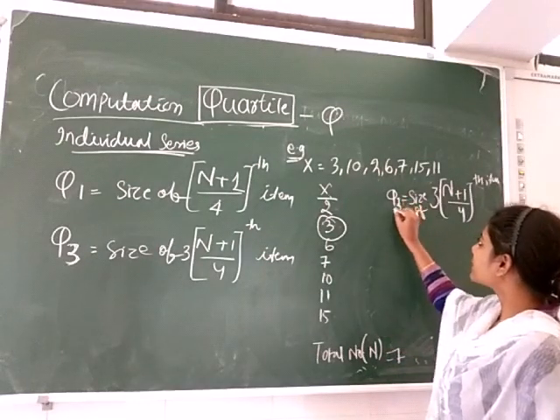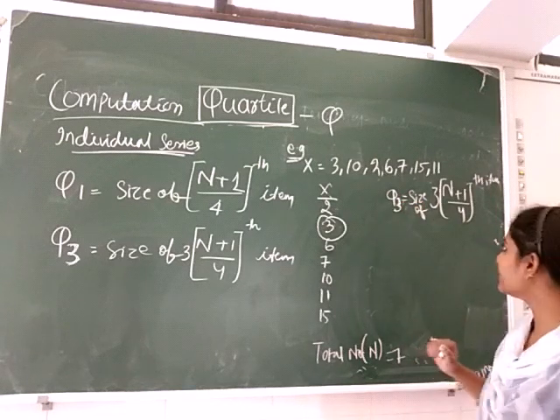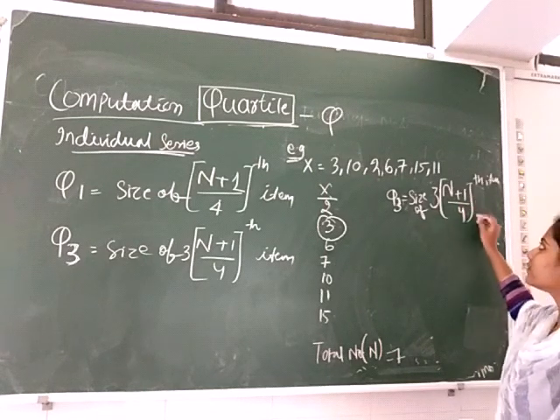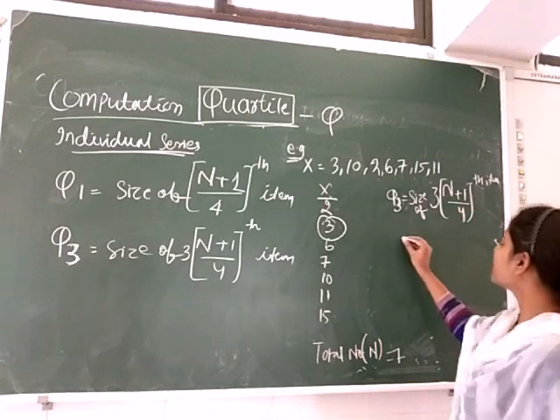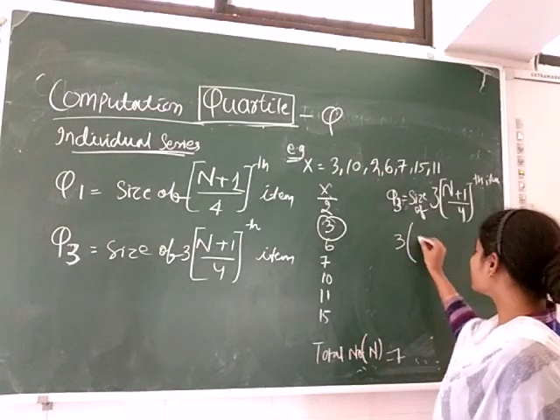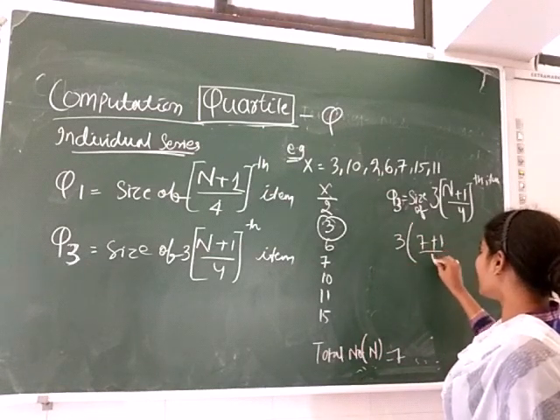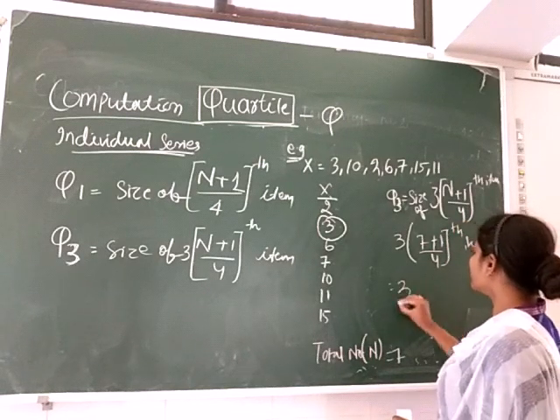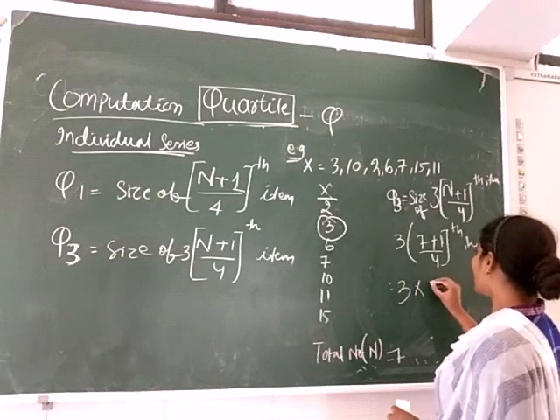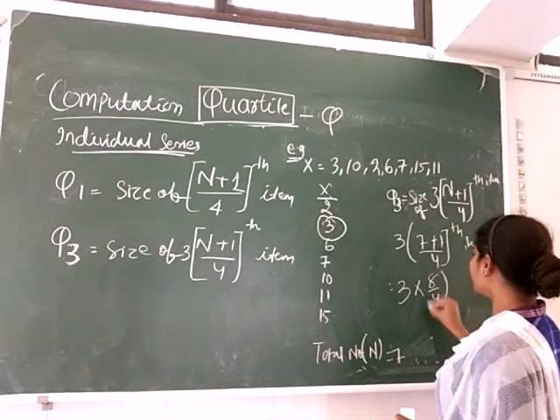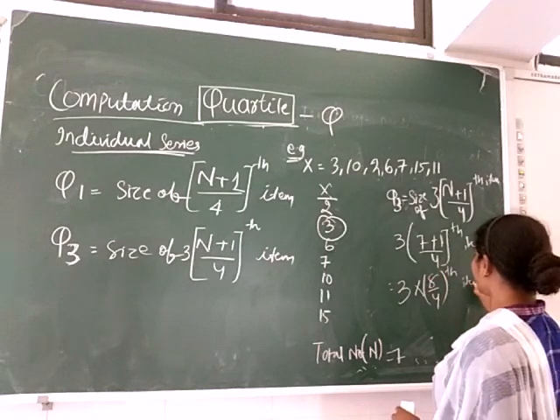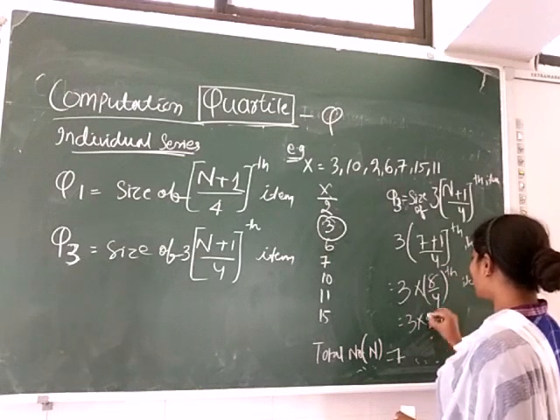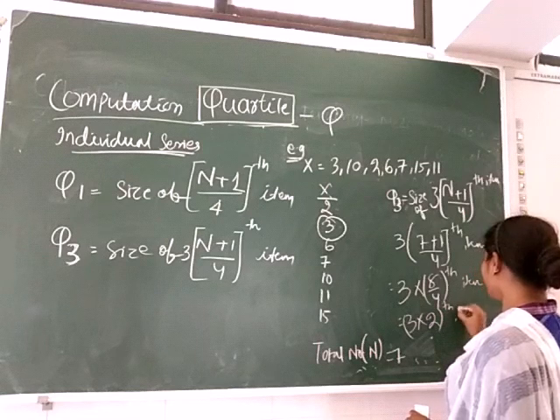Next we calculate Q3, that is your upper quartile. In case of your individual series, the formula is size of 3 into n plus 1 by 4th item. So here 3 into n equals to 7 plus 1 by 4th item, and this will be 3 into 8 by 4th item, that is 3 into 2 item.